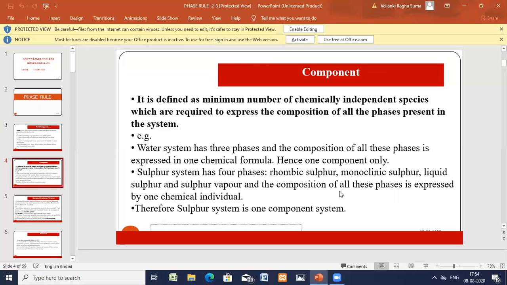The composition of all these is only one chemical individual, that is sulfur. So the number of components is only one. The formula is only one. So it is a one component system. Therefore, sulfur is a one component system.